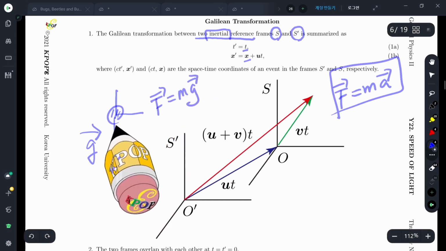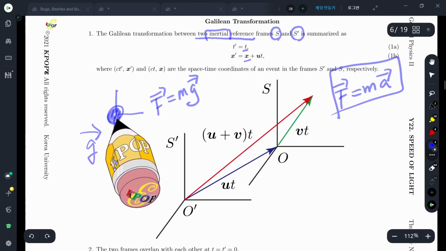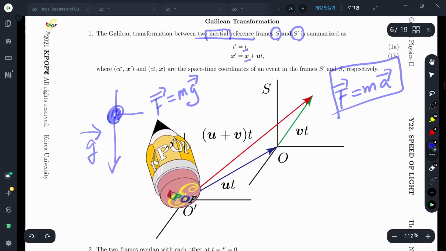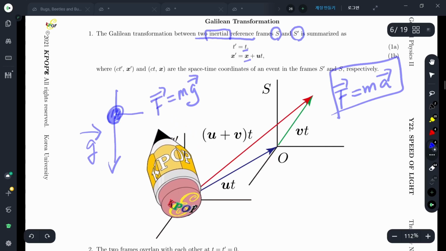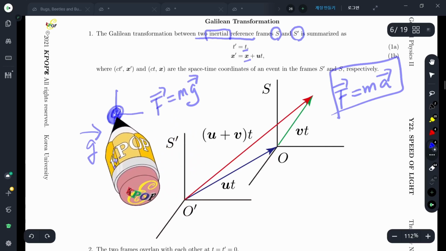However, in the frame where you're fixed to this falling body, you do not notice that force, and the acceleration is 0. So we have to choose the inertial reference frame to describe a physical system in an easy way.